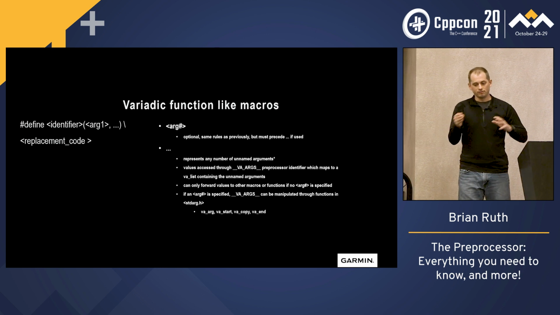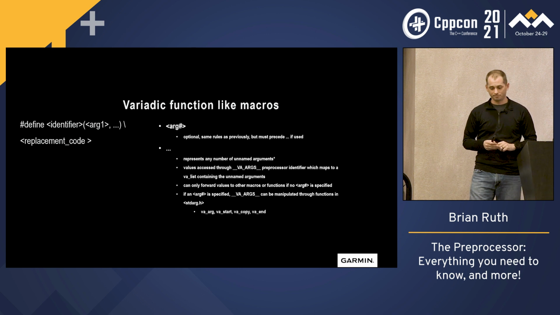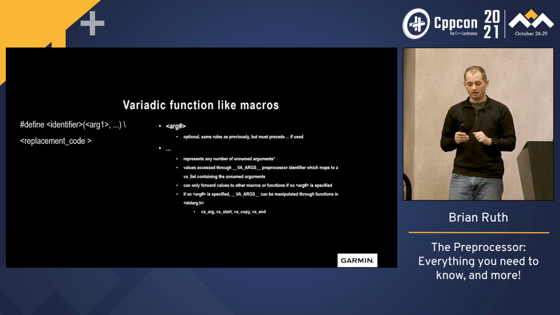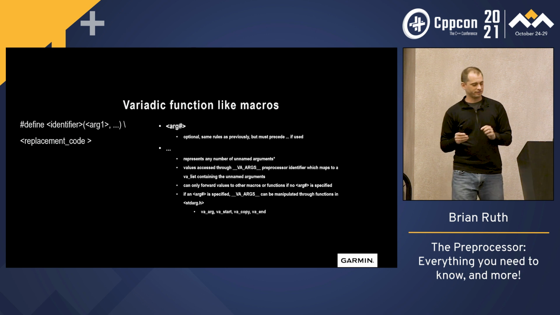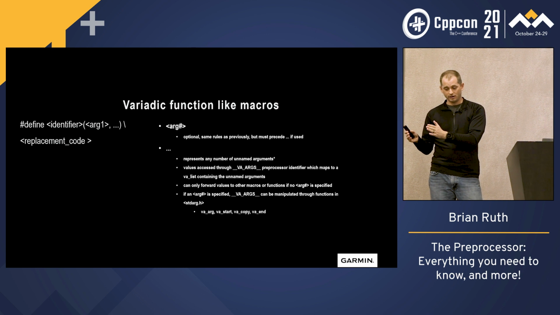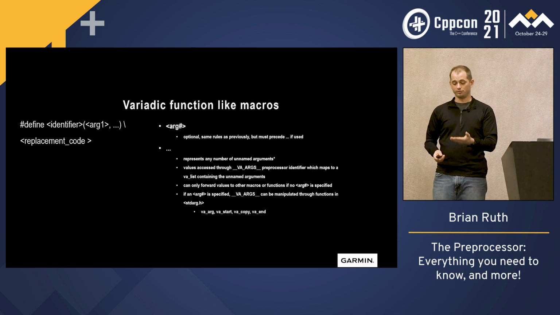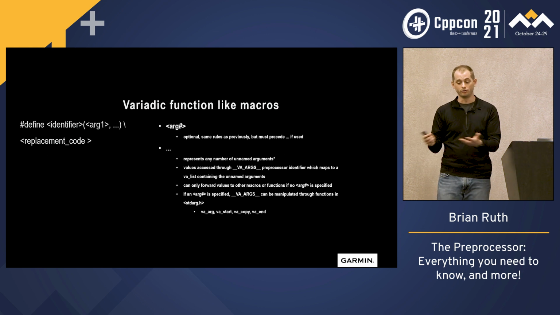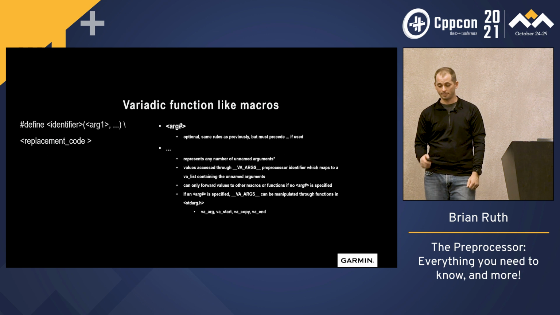You can't individually name them. There's an interesting way to handle 0 arguments in a second, but it requires that you have a named argument before the ... And then again, to manipulate those, you can see that va_start, va_copy, and va_end are used in code to actually manipulate those values.